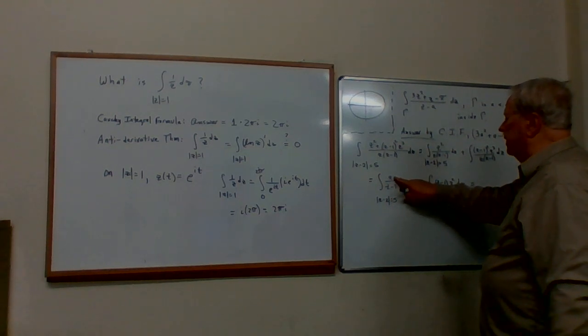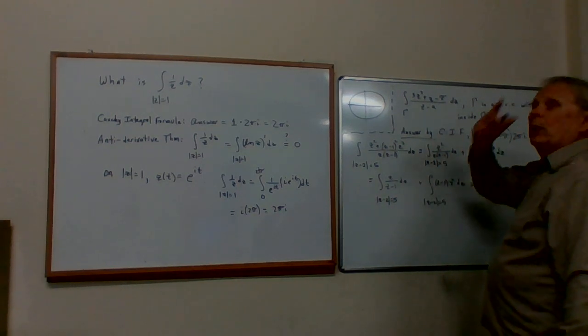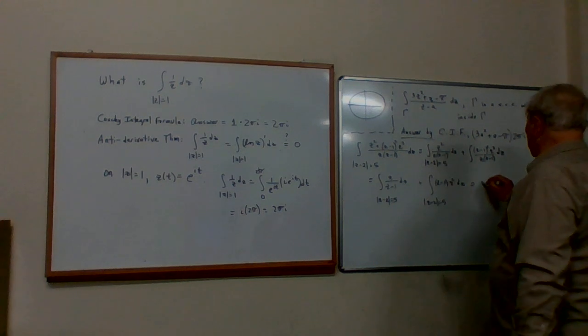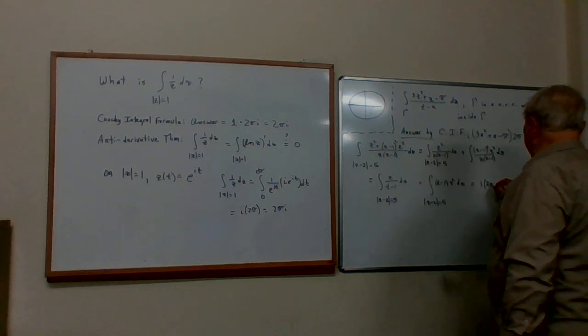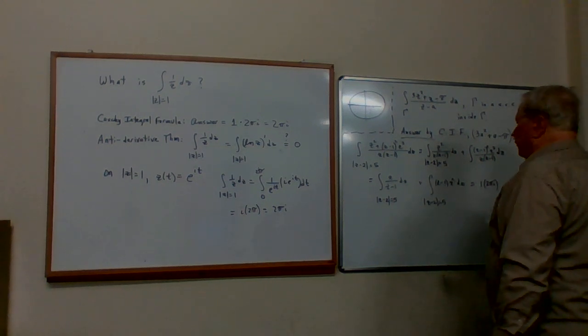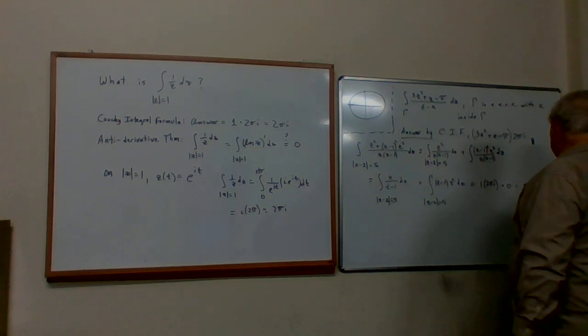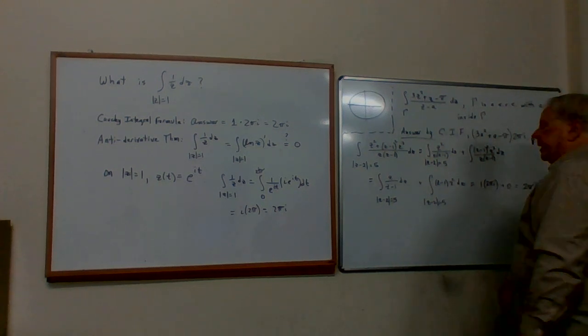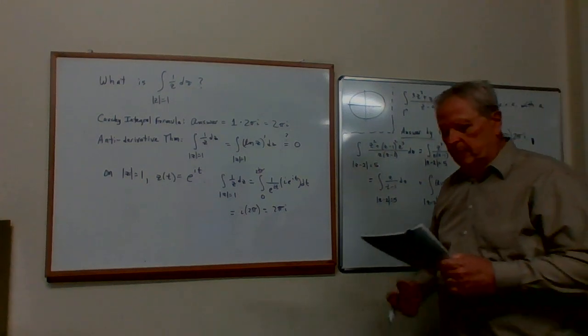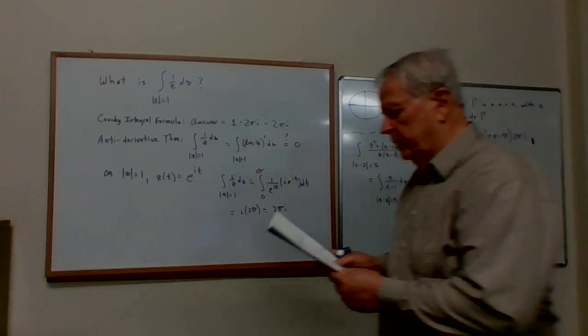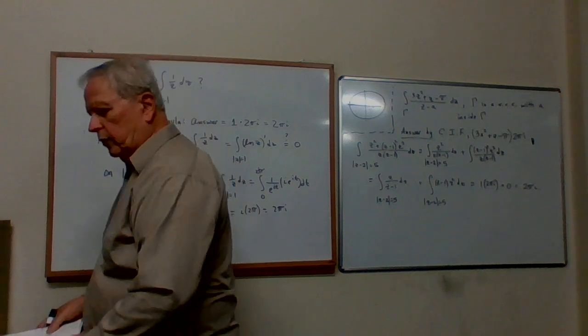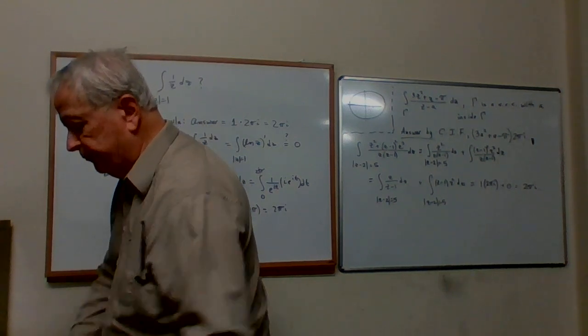So z evaluated at 1 is 1. So that's 1 times 2 pi i, that's Cauchy's integral formula. The other one is 0. So the answer is 2 pi i. Okay? This other one has nothing to do with Cauchy's integral formula, so I won't bother with that one.